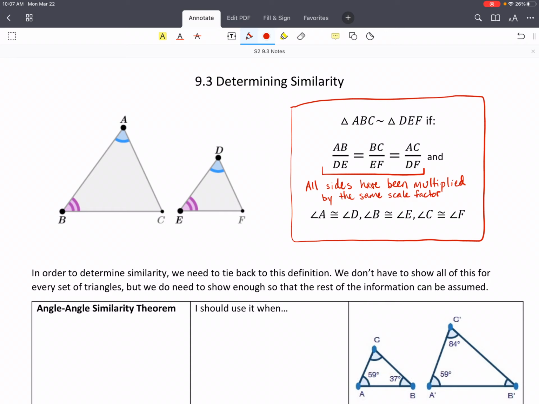So that's just the math way to write that. And then we have our corresponding angles are congruent. So A is congruent to D, B is congruent to E, C is congruent to F.